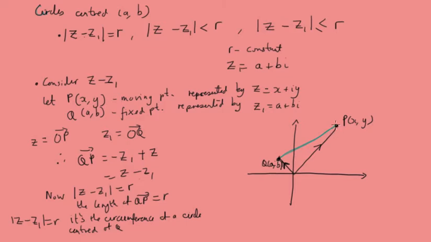So what we then get is this can move around like this. And it'll be a circle.